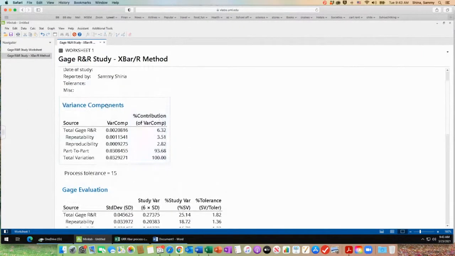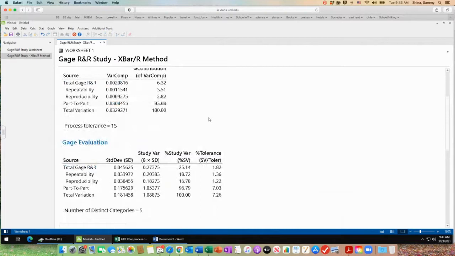Now, the top part here of variance component, where did they get that from? Well, variance is the square of the sigma. So if you take every number here, let's say like if I take total variation, and I will put in the number in my calculator, 0.181458, and square it, I get this number up here, 0.0322971.